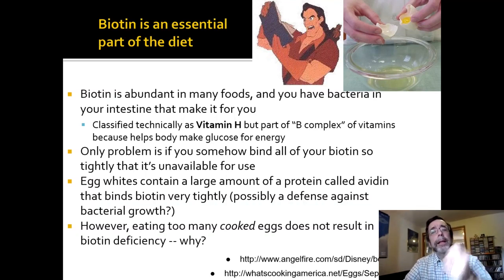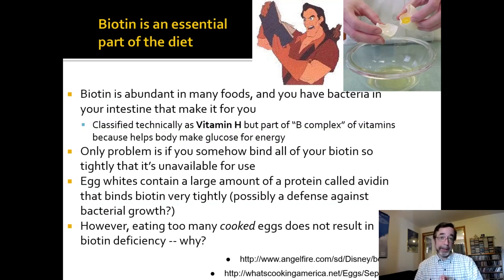So listen to Gaston, and he eats like eggs, right? Because he's a bodybuilder. He's trying to get the protein up, but the problem is, if you're eating raw eggs, the folded avidin will get into your system. Now, if Gaston wasn't eating raw eggs, he was just eating cooked eggs, no one who eats cooked eggs has this problem. Why would cooked eggs never result in biotin deficiency, no matter how many you eat? Think about it.